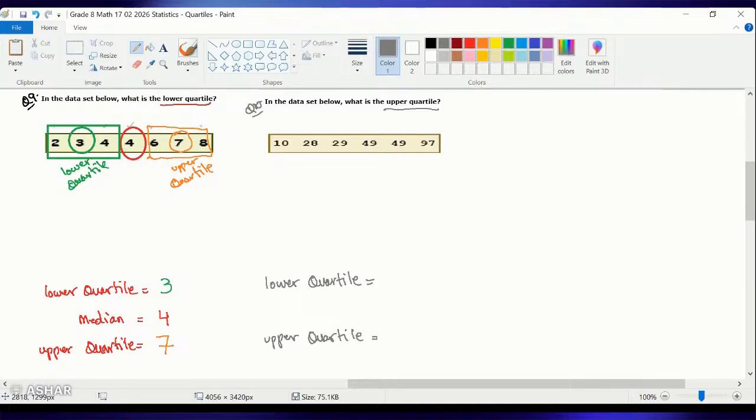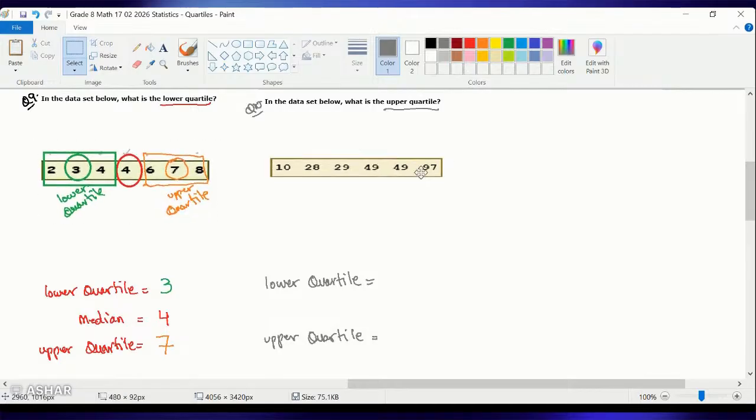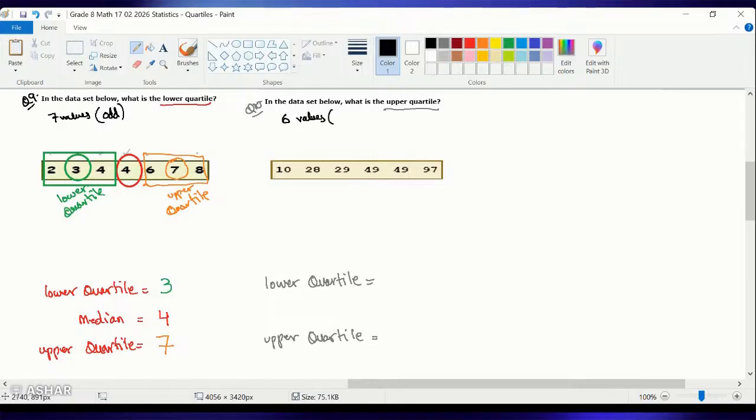See, the difference between question number 9 and question number 10, I'll show you. In question number 9, how many values were there? 7 values, right? 7 values were provided, and these were odd. So we can find the middle value. In question number 10, we have 6 values. So they are even. Yes, perfect. Thank you, Grace.